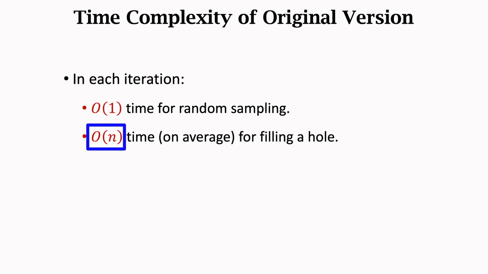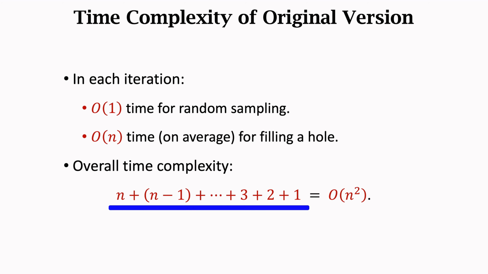The per iteration time complexity is O(n), where n is the remaining number of elements in the array. So the overall time complexity is n plus n-1 dots 3 plus 2 plus 1. It is equal to big O of n squared. The overall time complexity is thereby big O of n squared. That's why I said the original version of Fisher-Yates is slow.